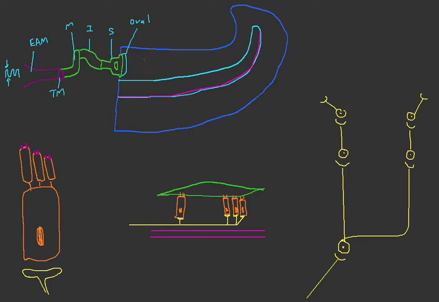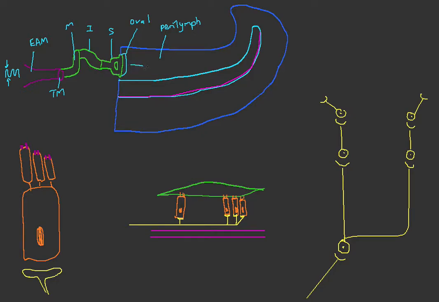And there's liquid in this outer compartment, which is called the perilymph. And the perilymph is very similar in composition to cerebrospinal fluid. So it'll have ions, proteins, and glucose.